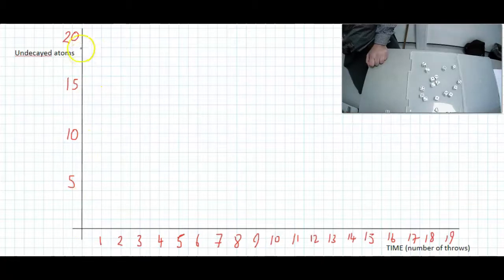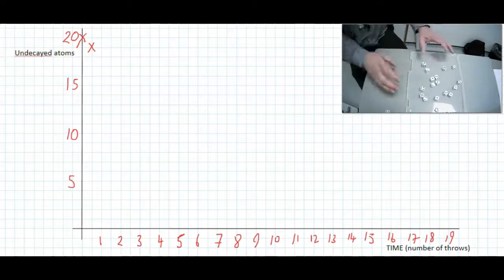So at go 0, there were 20 dice, and after go 1, 1 has decayed, and I'm now down to 19 left. Okay, now we're going to keep going and shaking the dice.